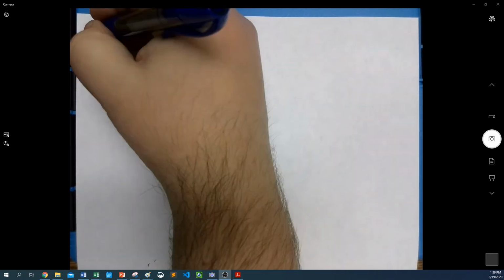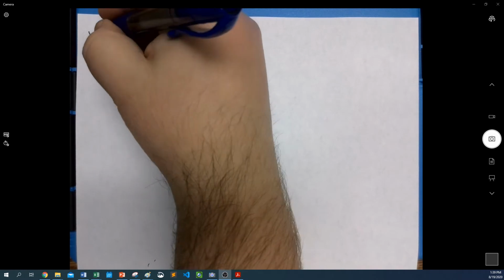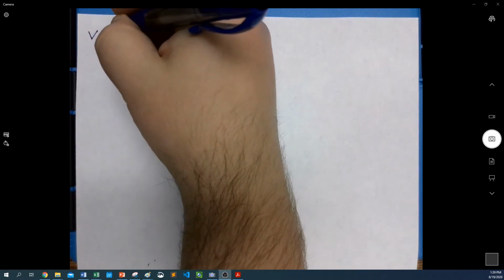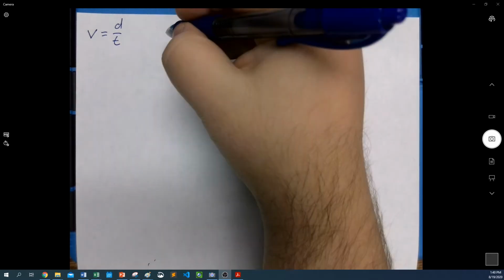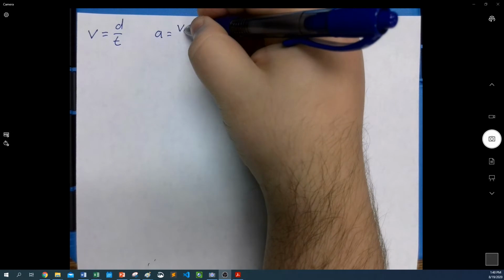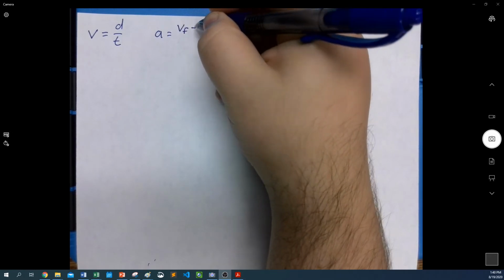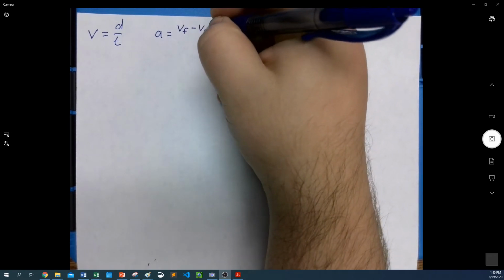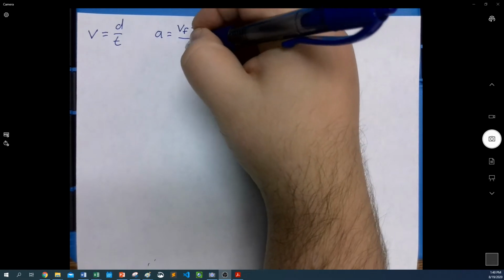So, speed or velocity is equal to distance over time. Acceleration is equal to the change in velocity, which is final minus initial, over time.